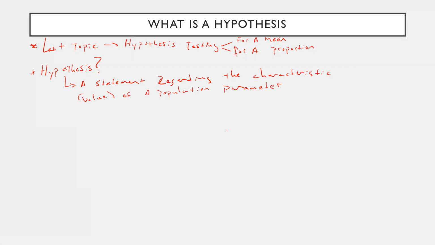This will make more sense as soon as I do the first example. So I'm going to make a statement about the value, the characteristic, or the value of a population parameter. It's been a while, so let's make sure we understand exactly what a population parameter is.